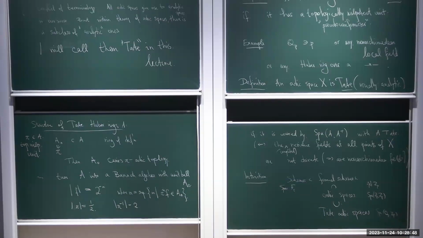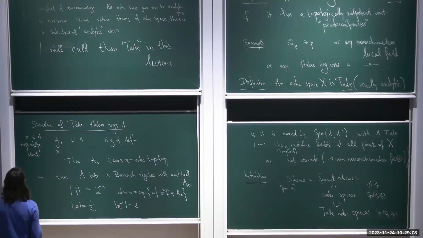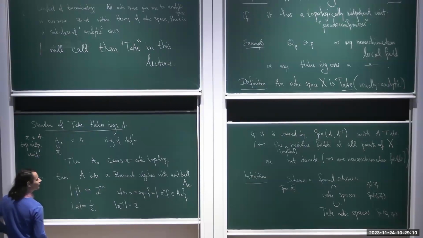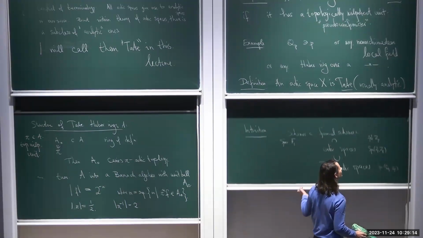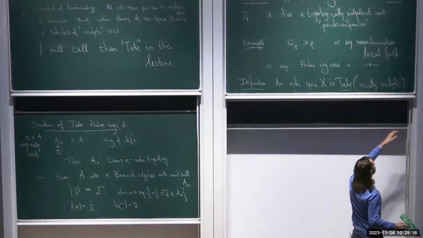There is a trivial counterexample with the zero ring. So the norm of pi would be 0, I think, there. Is the zero ring Tate? I don't think it has a topologically nilpotent unit, right?